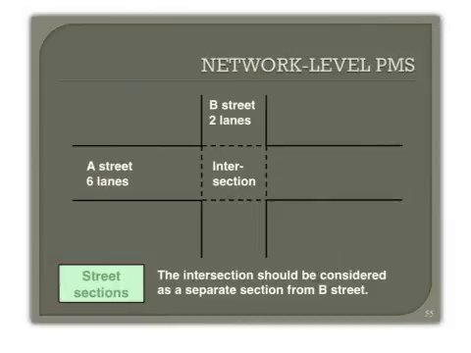So from the very beginning it shows you that street A is the busier road. That means it has a higher amount of traffic, and therefore the intersection should be considered as a separate section from street B, and it will be considered as part of street A.